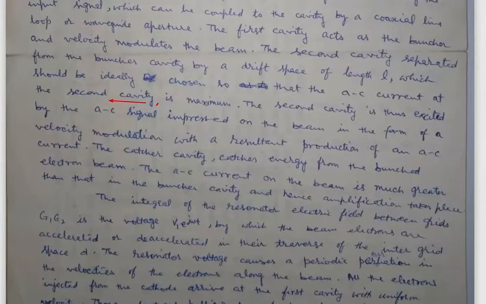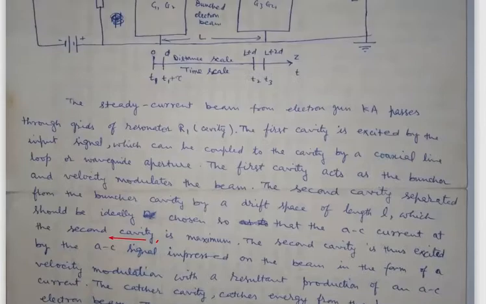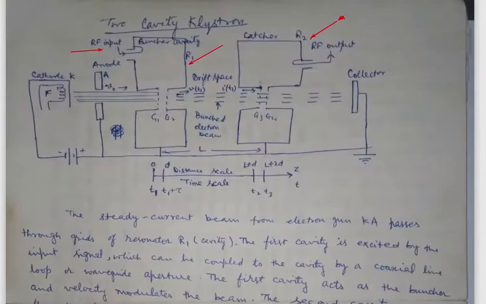The integral of the resonator electric field between the grids G1, G2 is the voltage V1 e raised to the power j omega t applied by this RF input between the grids G1 and G2. The electrons which pass the gap G1, G2 at the positive half voltage, that is when grid G2 is at higher potential than G1, will be accelerated and there will be some increase in their velocity.